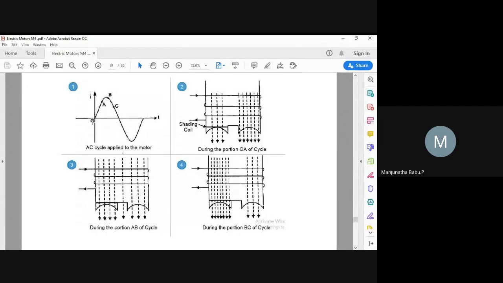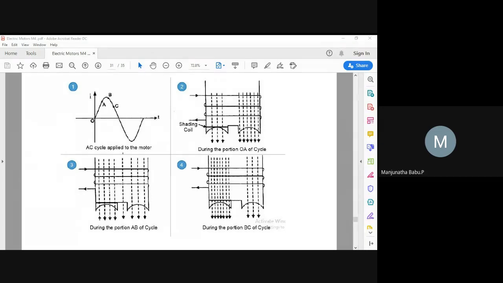In portion OA the flux is increasing, the current is rising from 0 to A, and again from A to B, it reaches the maximum, and then the flux decreases from B to C. During these portions, let us see how the shading coil or the shading band comes into consideration.